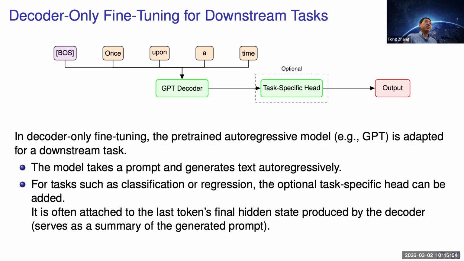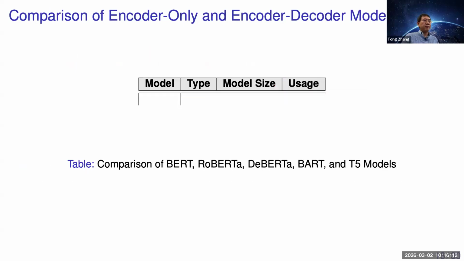But you could also use the average of these tokens' predictions, or you just continue generation. So you have two ways to do this kind of thing.